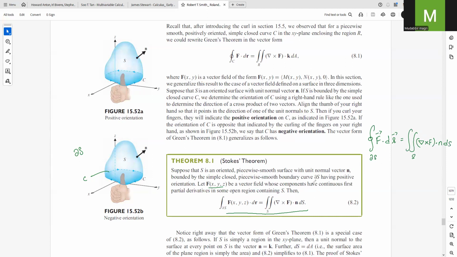So this is what states Stokes' theorem, and it's a very important result, specifically in the physical and engineering sciences. Now we will not embark on the proof of this theorem at this stage, but we will take some problems and see how we can verify Stokes' theorem.